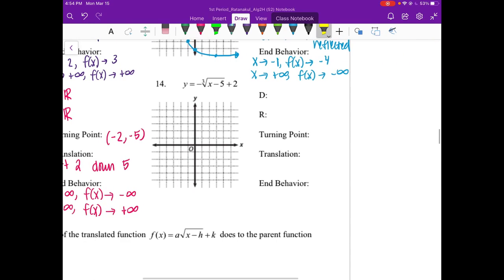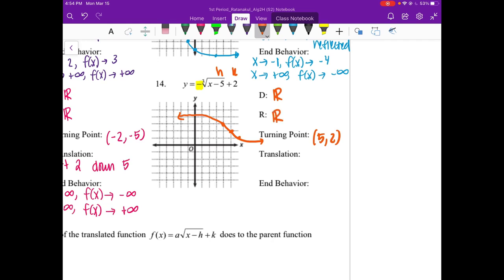Right, 14 is very similar, except we have a negative, so our S will be going the other way. But again, I'm starting with h and k for my turning point. And now I'm going left and up 1, right and down 1. I made a negative line with my 3 points.